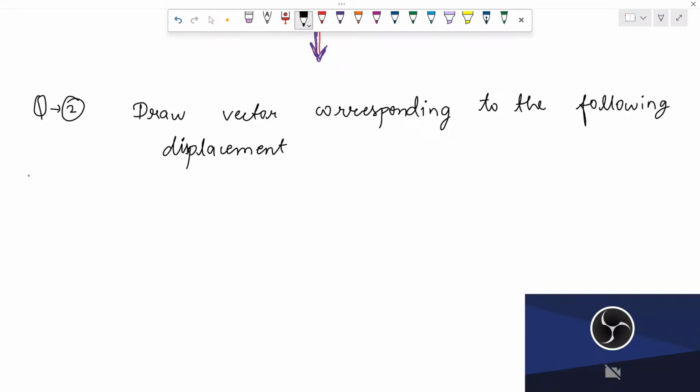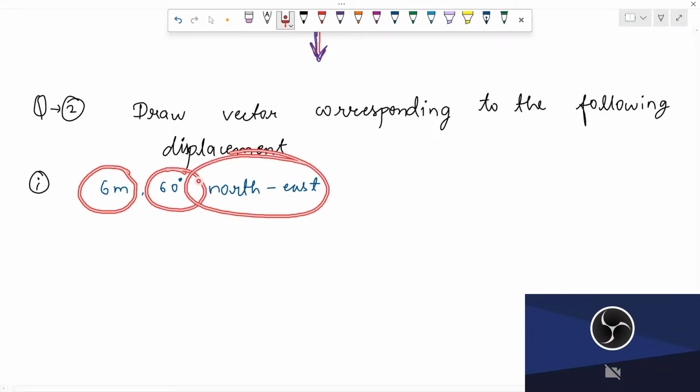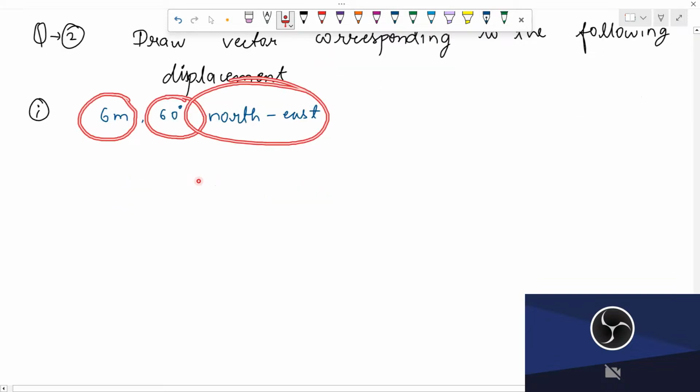The first question is 6 meter, 60 degree northeast. It means we have to draw a vector of length 6 meter in the 60 degree northeast direction.